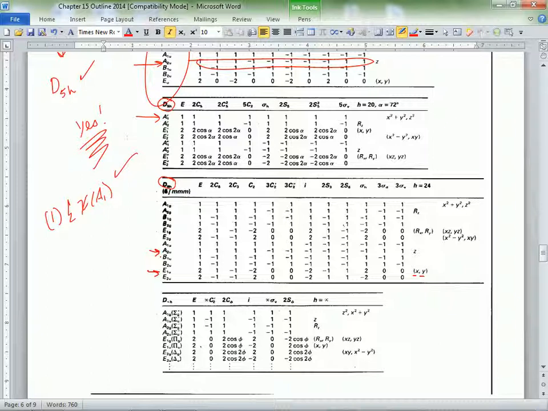So if you take a look at page 447, right there in the very middle, they have this table, and they're talking about C2v. And they want to know what transition, I think from an A1 orbital in water.